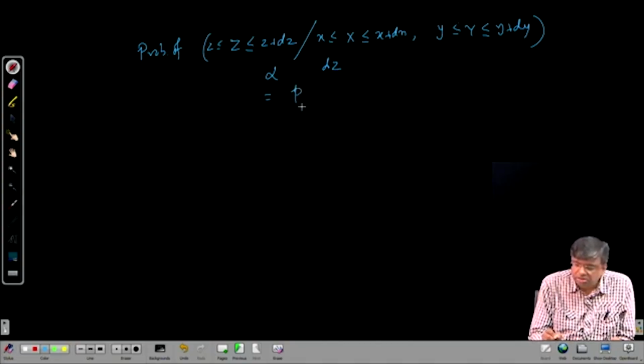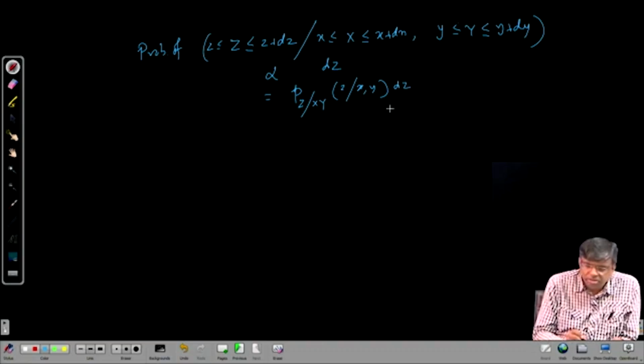So, this proportionality constant will be p, and again the 3 random variables are x, y, z, but now I write again in that form. First the free variable or variables, here only one is a free variable. So, z by the 2 constraining variables now, which are constrained to remain here and here. So, they come next. So, their values also, capital Z is small z divided by small x, small y, times dz.